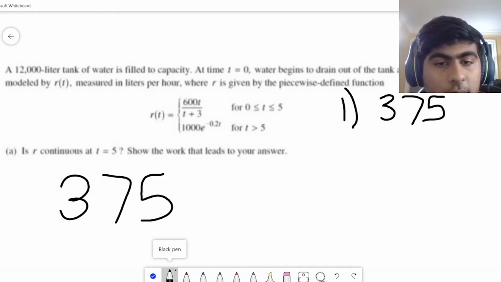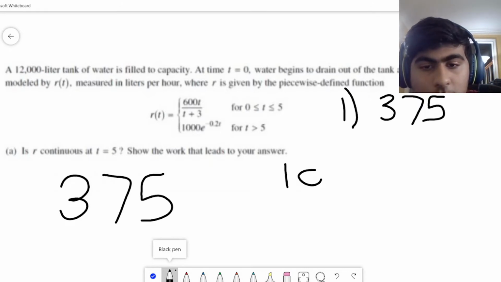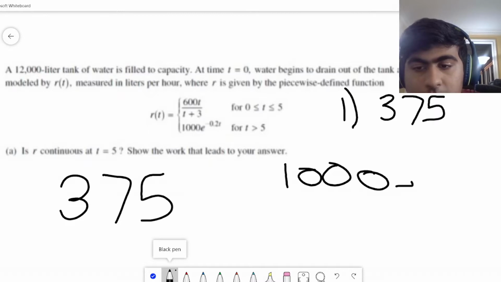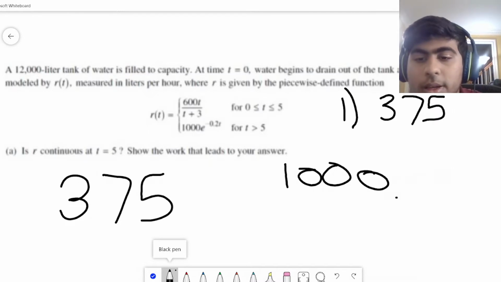And then for the right-hand limit, even though it says t greater than 5, meaning we're excluding 5, we're still going to plug it in anyway, because that's how we find the limit. Now, if we plug in 5 in there, we get 1000 times e to the negative 1, or 1000 over e.